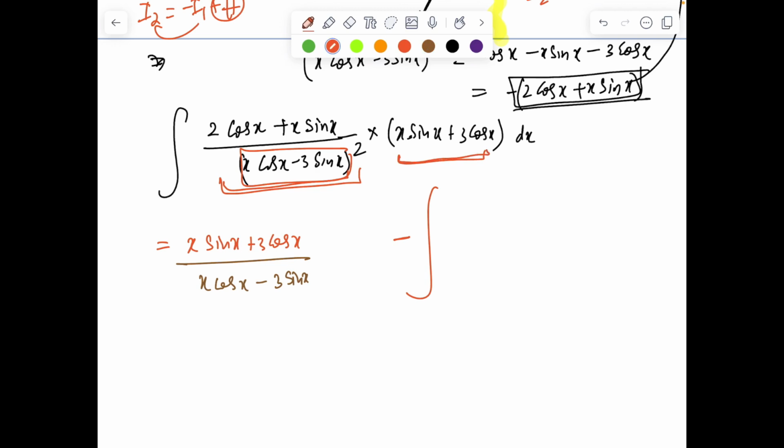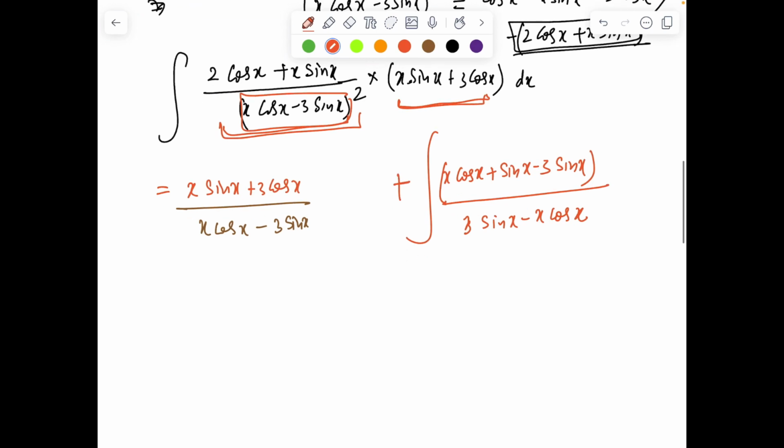Now the remaining part tells me to differentiate x sin x plus 3 cos x, which is x cos x plus sin x, minus 3 sin x, and the integration of that. So integration of that in a way is divided by 3 sin x minus x cos x.